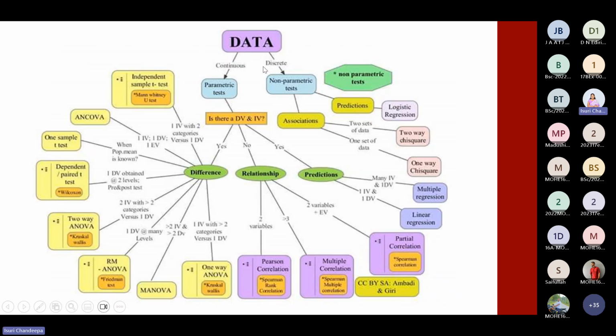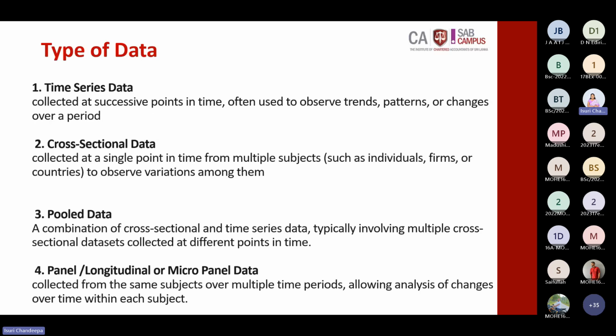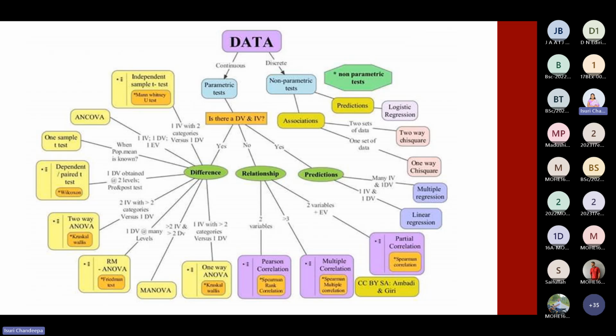So you need to identify, as I previously explained, what your research objective is and what your data variable type is. If we are going to collect data in the form of continuous variables, you have to run a parametric test.